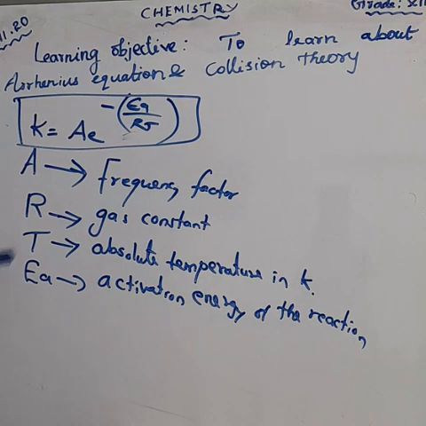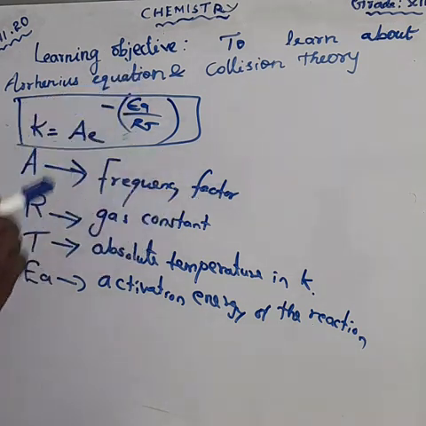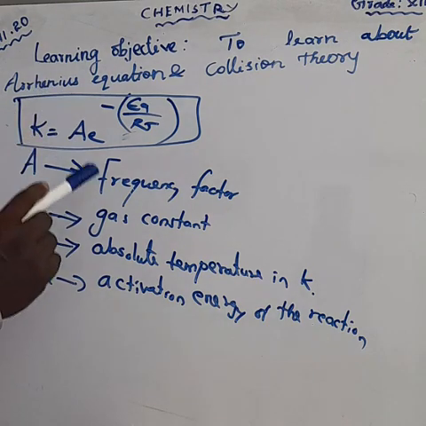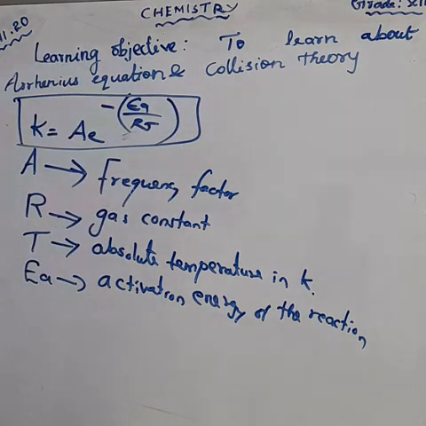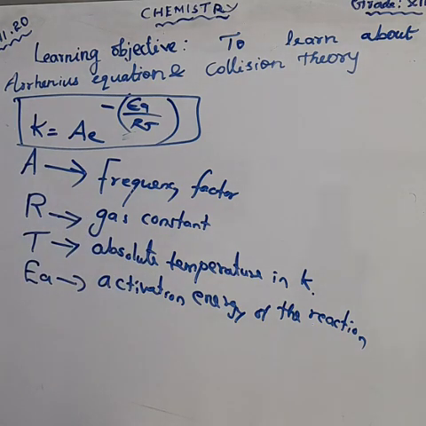Here, the frequency factor A is related to the frequency of collisions between the reactant molecules. The factor A does not vary significantly with temperature and hence it may be taken as a constant.